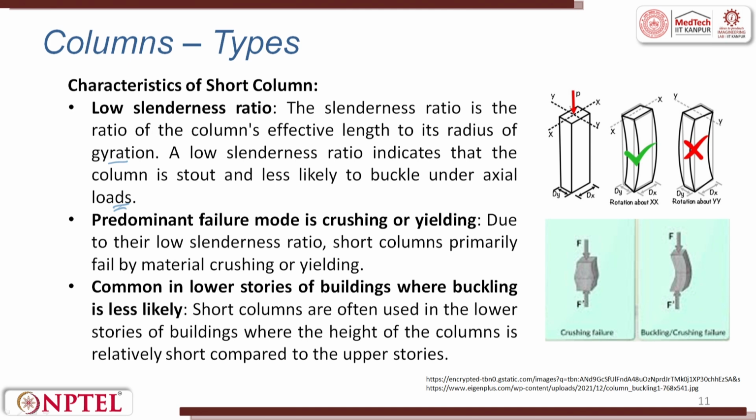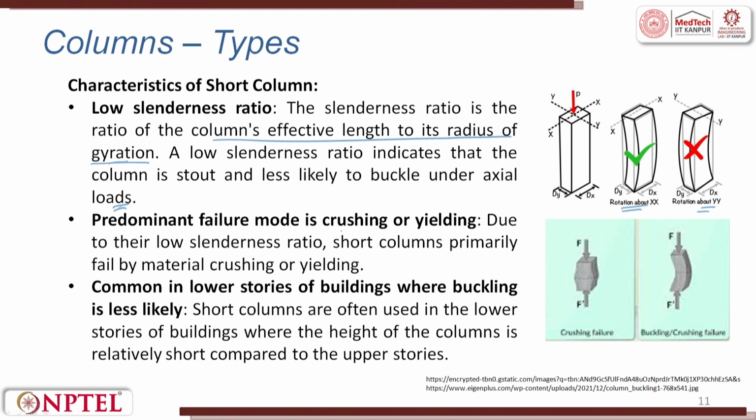So, this is a column, okay, and here when you apply load, you see it buckles, and then this is rotation about x and this is rotation about y. This should not happen. So, the slenderness ratio is the ratio of the column's effective length to its radius of gyration.